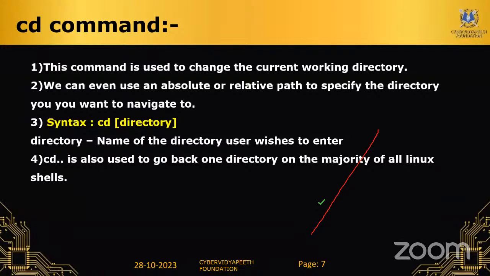The next command is the cd command. This command is used to change the current working directory. Let's suppose we are working in the downloads folder, or downloads directory, and we want to move to the videos folder. For that purpose, we will use the cd command.